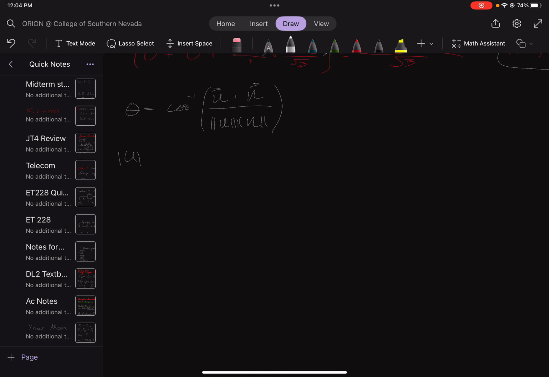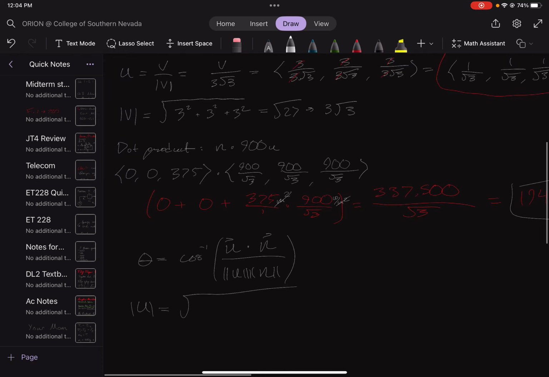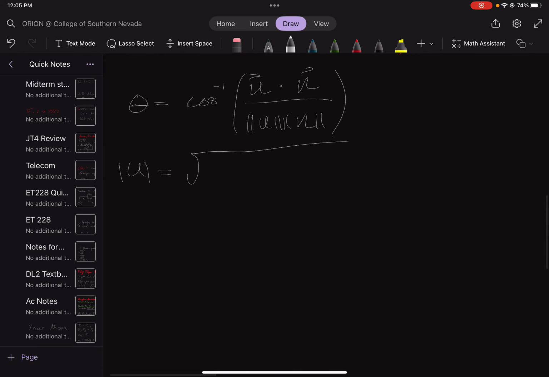So we'll do the magnitude of u. We already did the magnitude of v to create u, so we have to do the magnitude of it again. So that's 1 over square root of 3 plus 1 over square root of 3 plus square root of 3, each squared and added under the root.